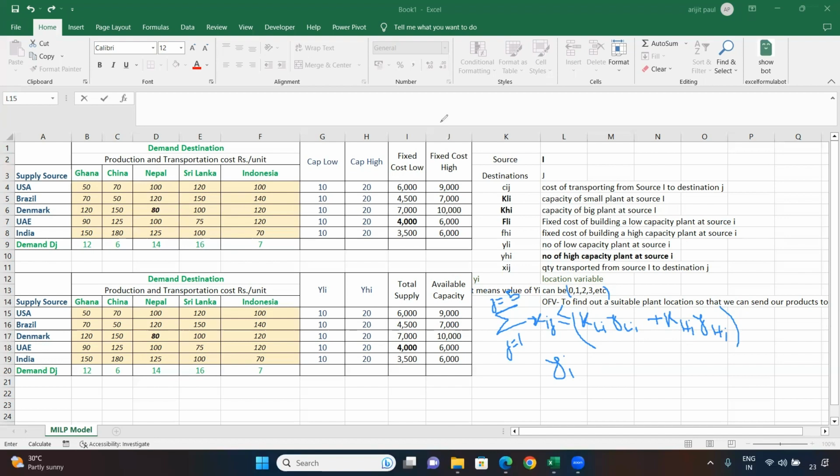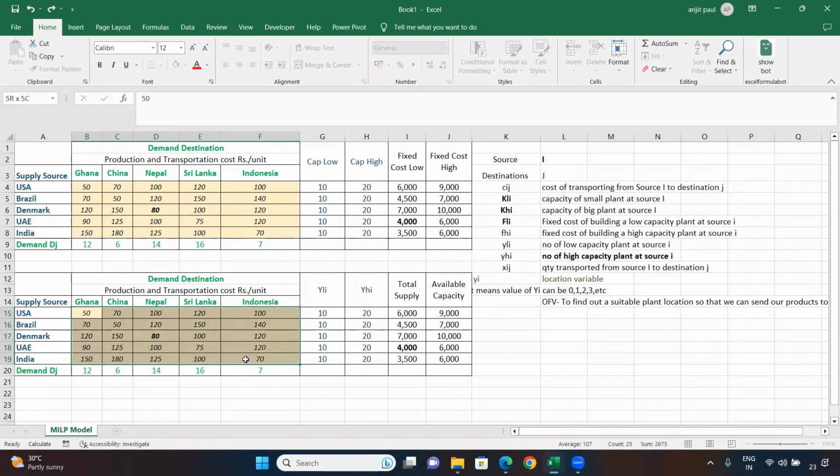Okay, so let us now solve the issue by using the Excel solver. So for demand, that will be the summation of the quantity that we are going to supply.